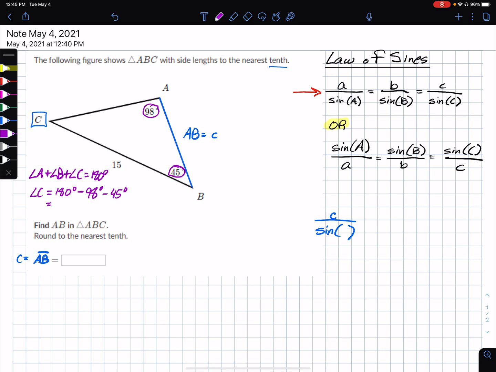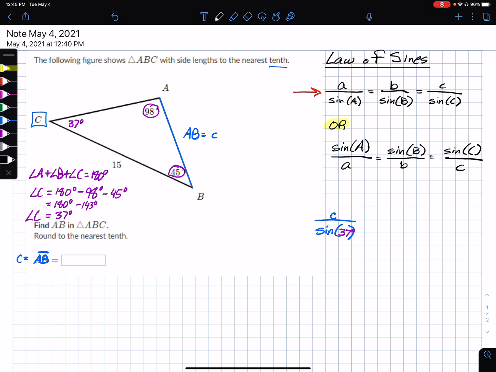So that's 180 minus 143, which would be 37 degrees, I believe. Okay, so angle C is findable. That is 37 degrees, but it took a little bit of thought to get that from the triangle sum theorem.